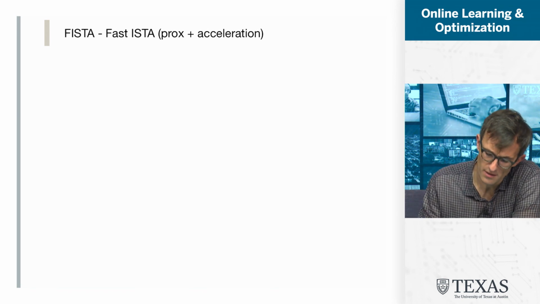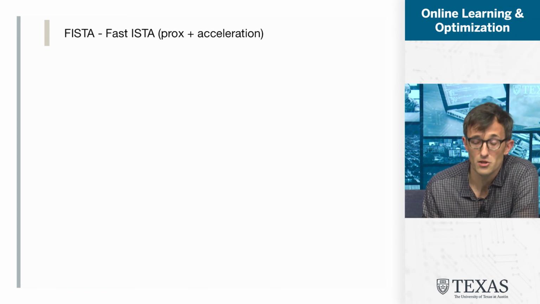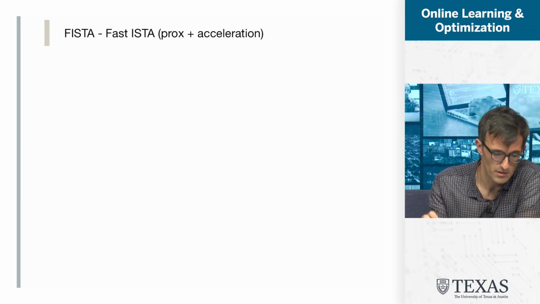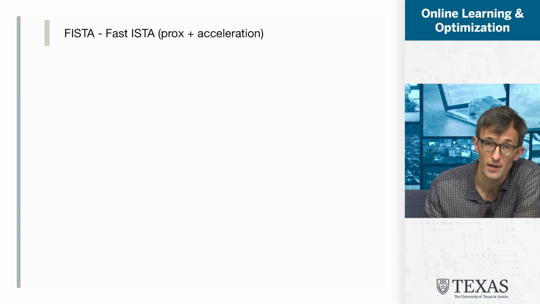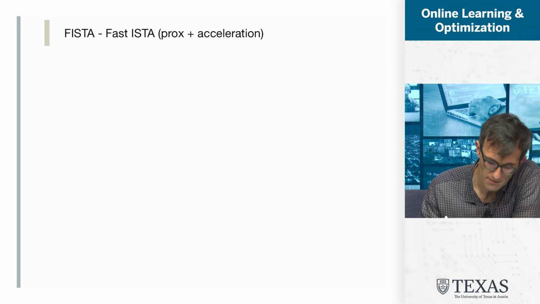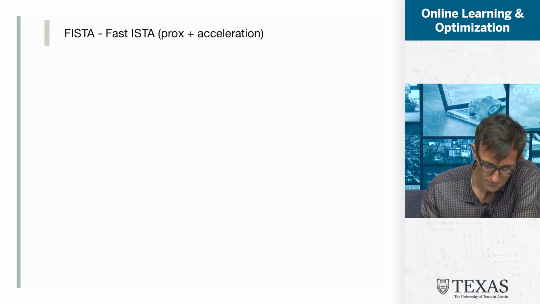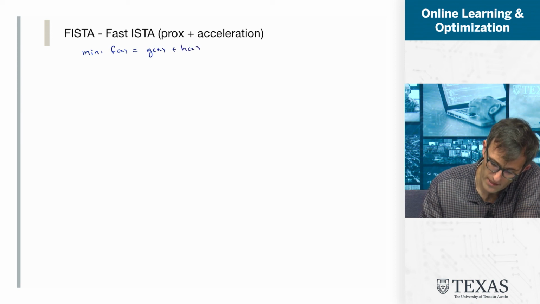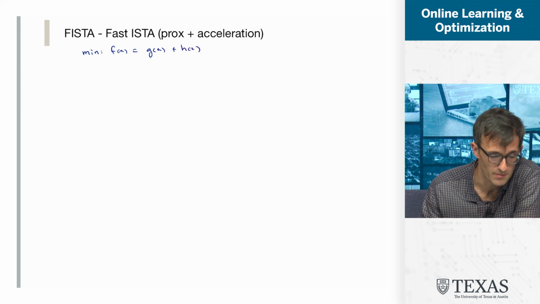So the idea here is, as I've written on the slide, just to combine the proximal method and acceleration. This is pretty straightforward, and it goes as follows. Again, my setting is I want to minimize f of x, which is equal to g of x plus h of x. g of x is beta smooth.